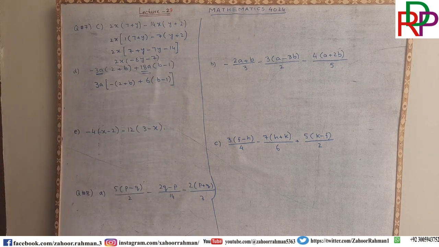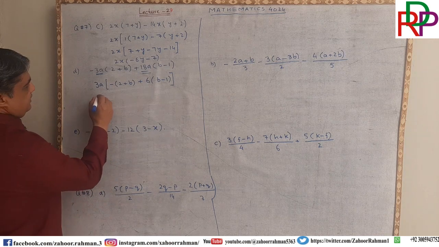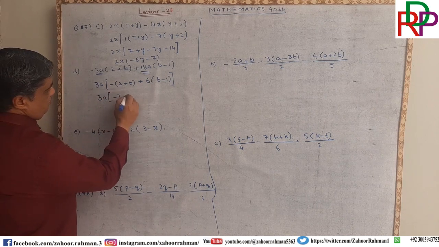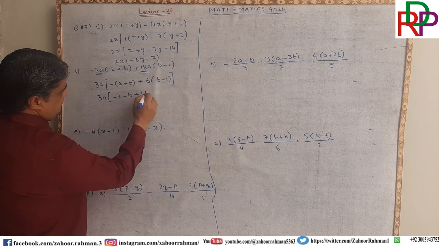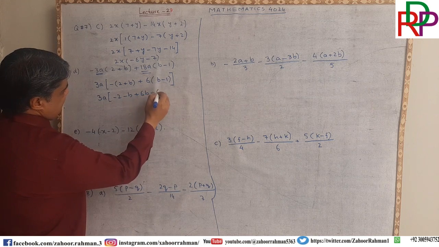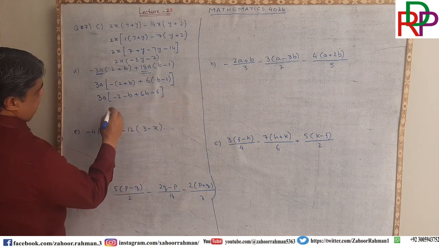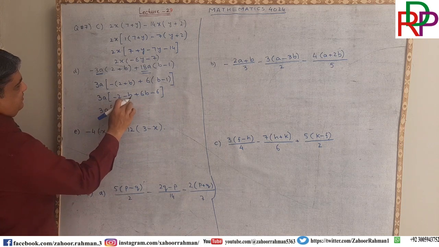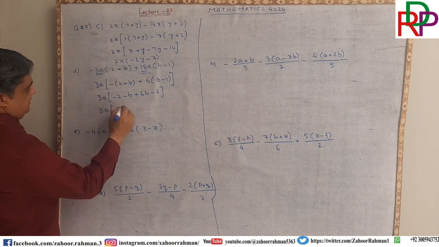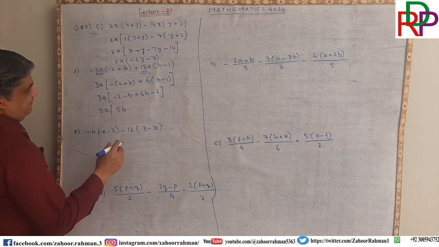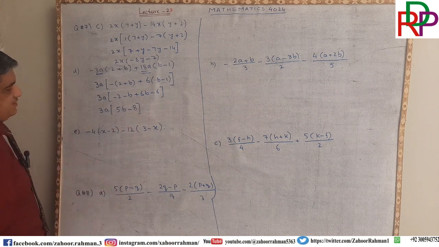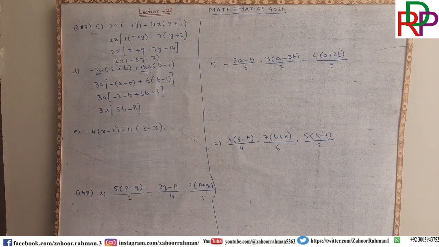So now we are going to write 3a, and this will be minus 2 minus b plus 6b minus 6. And then we have to write 3a, and minus b and plus 6b will give you 5b minus 2, and minus 6 is giving you minus 8. So this is the final answer of this question.